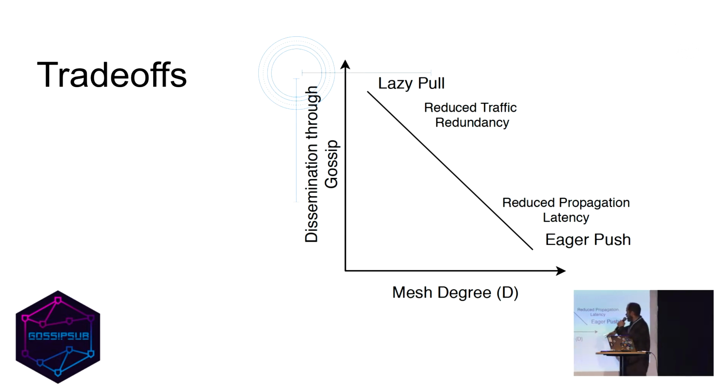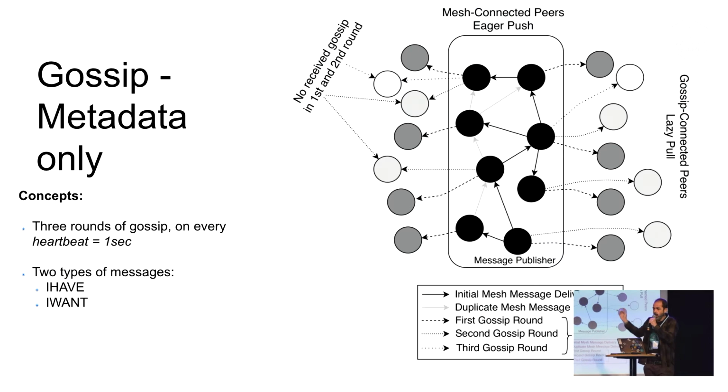Yeah, and then on the other hand, in lazy pull, what is lazy pull? For those nodes that we gossip to, we don't send the entire message, but only the message header is sent.